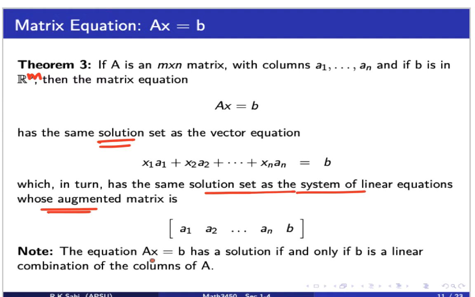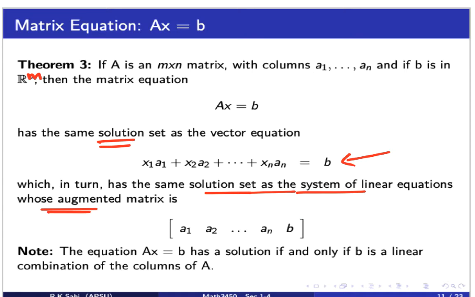In other words, a matrix equation has a solution if and only if b can be written as a linear combination of the columns of A, if and only if the linear system corresponding with the augmented matrix is consistent.